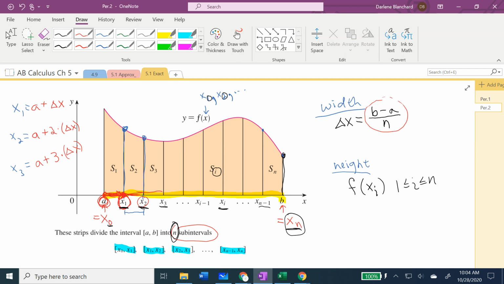And this means I have a formula for x sub i. x sub i is found by starting at a and adding the width i number of times.